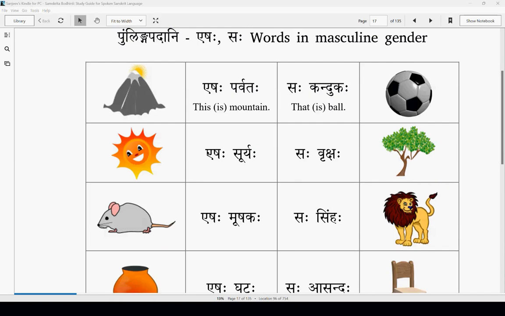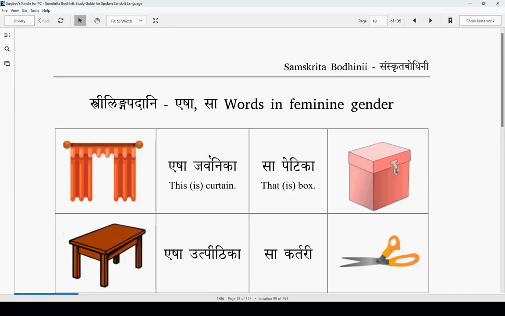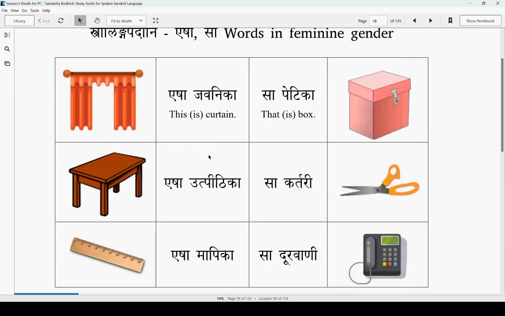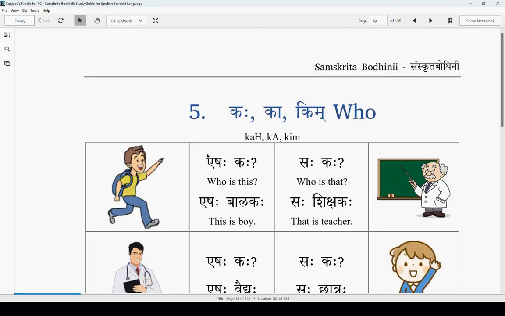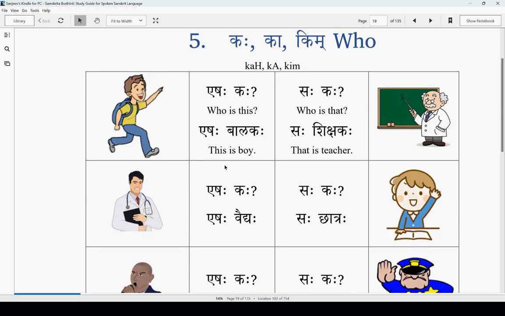And more words with the Strilinga words are here. Feminine: esha, javanika, sa, petika, utpitika, kartari, mapika, duravani, etc. And with kaha, kam, ka, kim also, there are examples given here. Esha kaha, esha balaka.